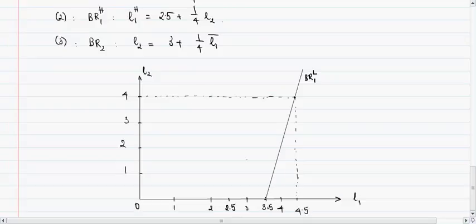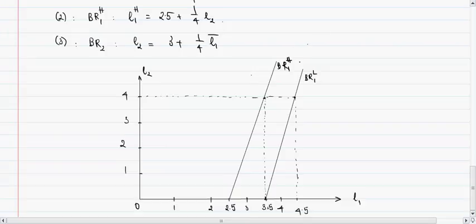So I just have to go up here and have another point to connect the line together. If I connect the horizontal point with the point over here, I get the best response function for player 1 of the high type.